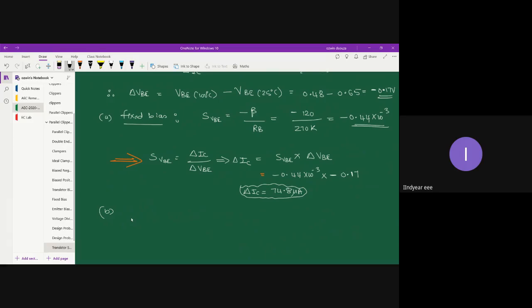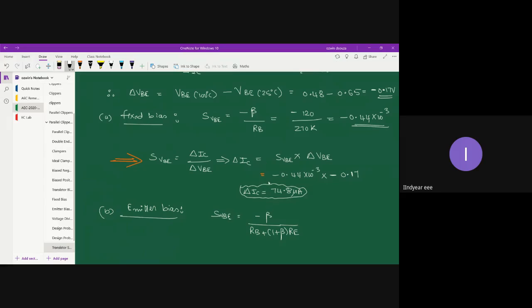Once fixed bias is done, you can go for emitter bias. Let's go in sequence. In case of emitter bias, SVB is minus beta divided by RB plus 1 plus beta times RE.